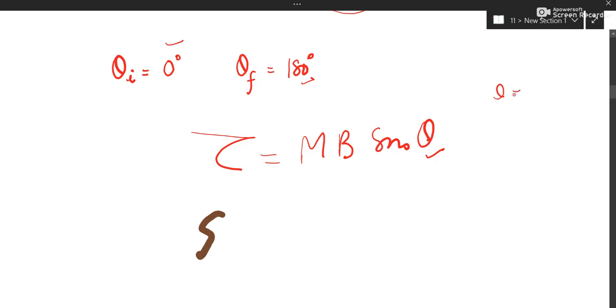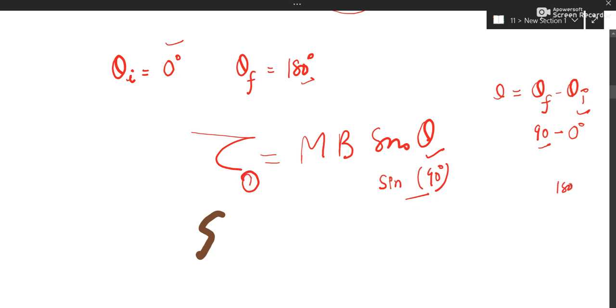Theta means how much you have turned, right? You have been normal and initially you were aligned, so it is 90 degree. The torque formula is mB sine theta. Substitute torque in the first case. In the second case it will be 180 minus 0, that is 180. And what is the value of sine 180, sine 90? That you need to know. So getting to the next.